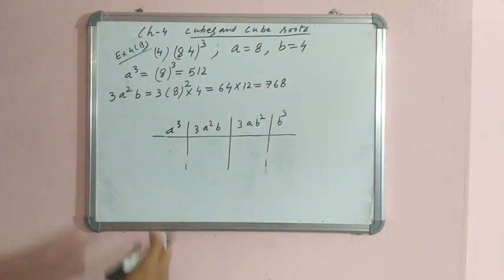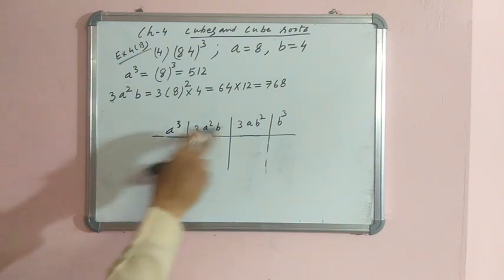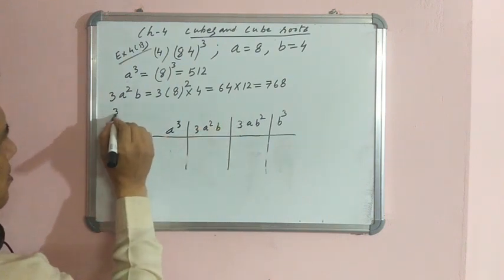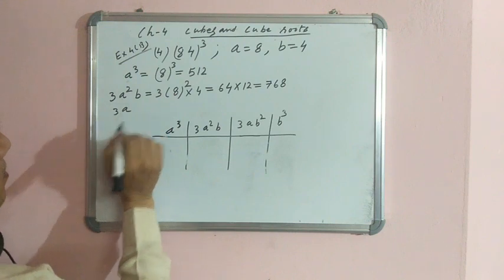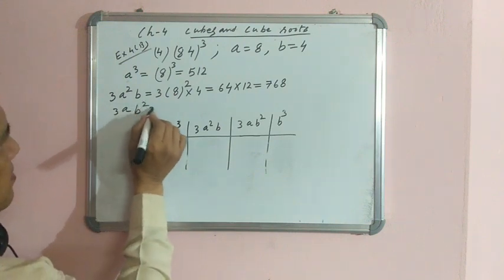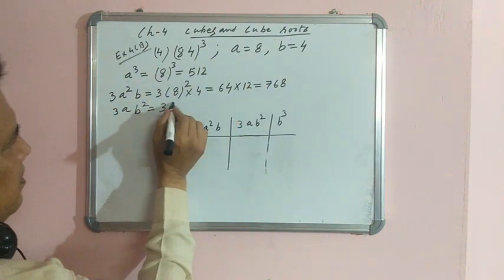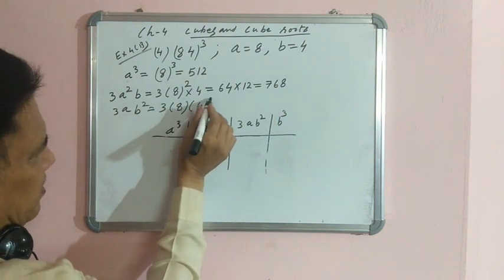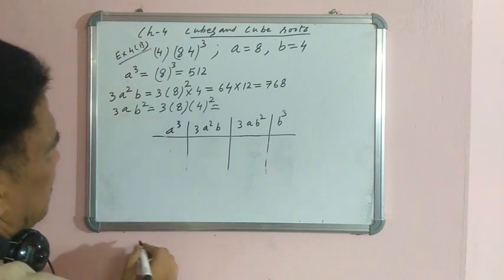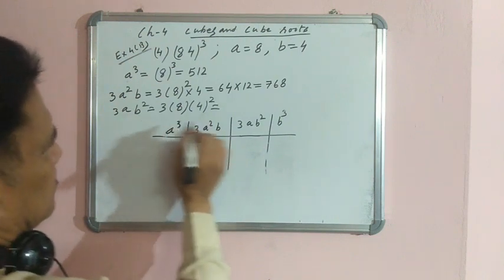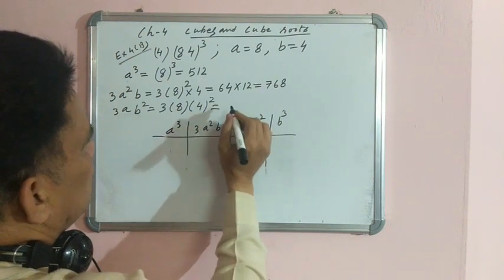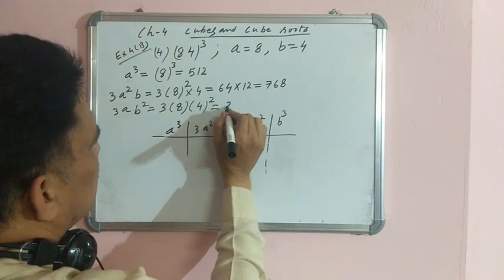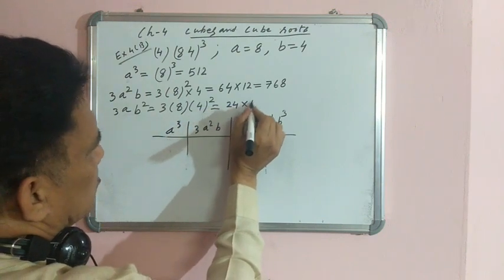Now we have done 3a square b. 3ab square, that is 3 into a and b square, that is 4 square. Now what are we getting here? 24 into 16.